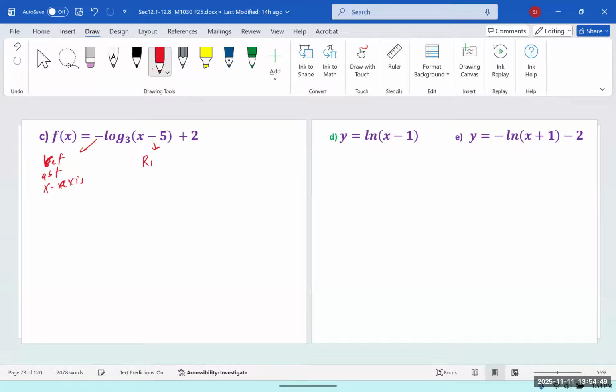Right 5. And plus 2? Up 2. And what is the vertical asymptote? X minus 5 tells us x equals 5. So right 5, up 2.